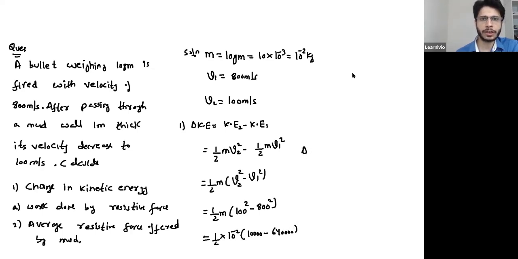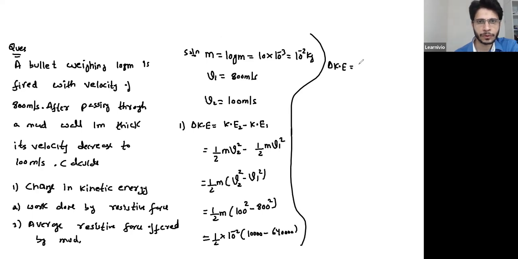So your change in kinetic energy comes out to be half into 10 raised to the power minus 2. This is 10,000 minus 6,40,000. So this is minus of 6,30,000.